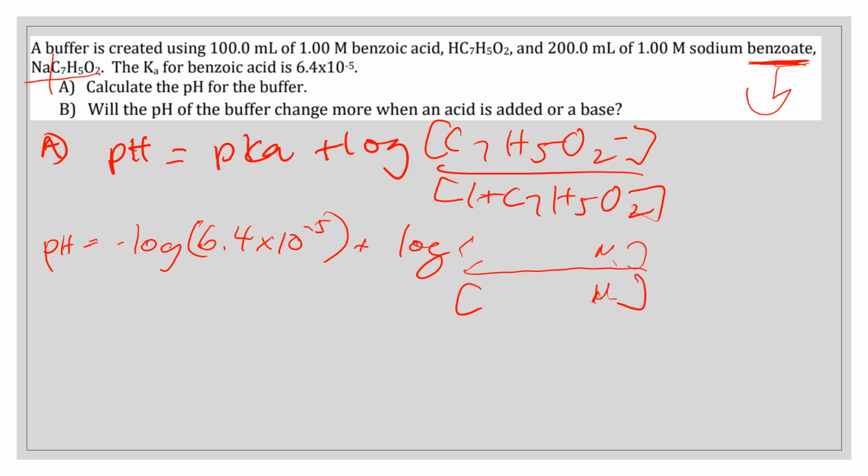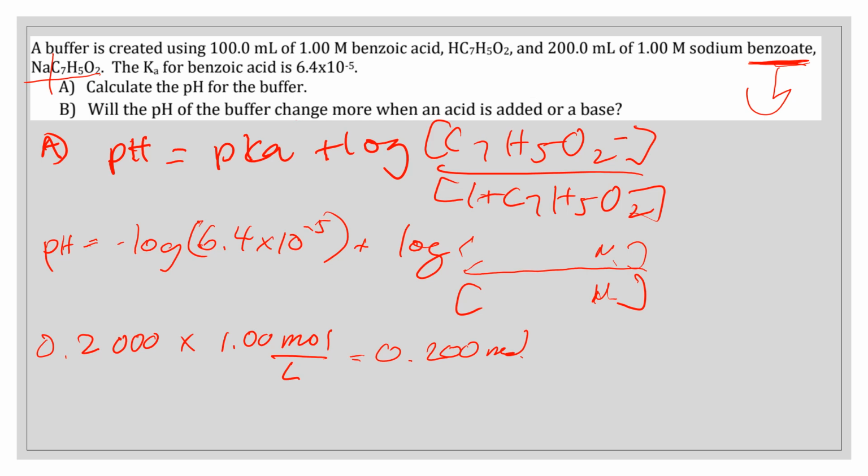So how are we going to do that? So for the benzoate, it's going to be 0.2 liters times 1.00 moles per liter. And that's going to be, so we're clear, 0.2, looks like 3 sig figs, moles.